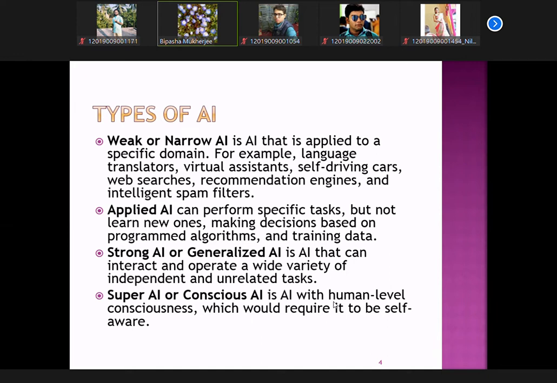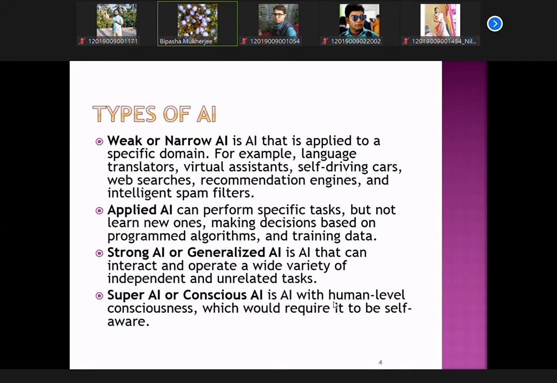Next is applied AI. Applied AI can perform specific tasks, but like narrow or weak AI, they do not have the ability to learn by themselves. That means no further inference can be made from the situations.